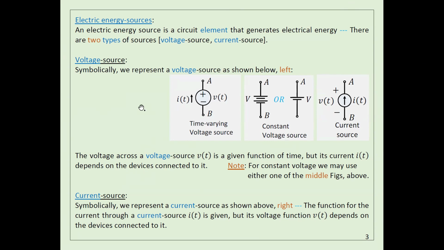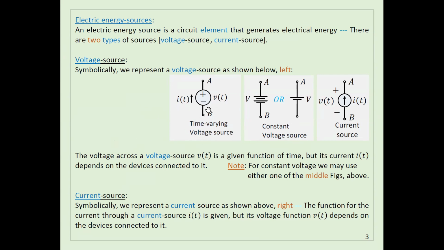Also, I explained that this one is a constant voltage source. It means the relation between the voltage and the time is constant. It does not change with time. But this one is time varying. It can be like a sine wave, or any other wave, but it depends on the time.